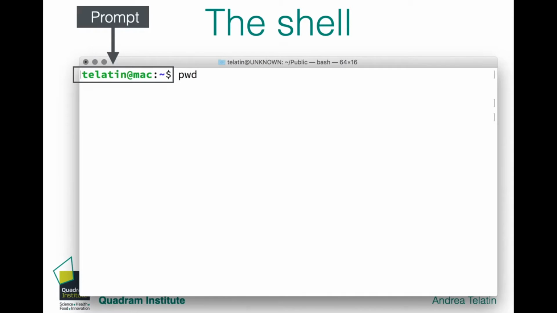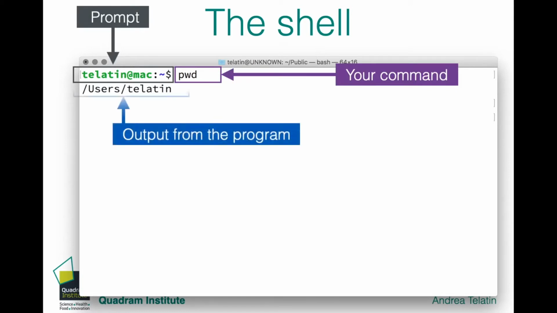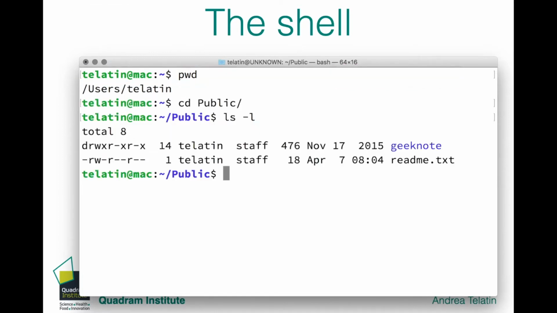Then we can type a command. We hit enter, and sometimes the terminal will print some text, and that's the output. When the program is done, it's going to show me another prompt. If we don't see the prompt, either the program is still working, or there is some error and the program is working forever.